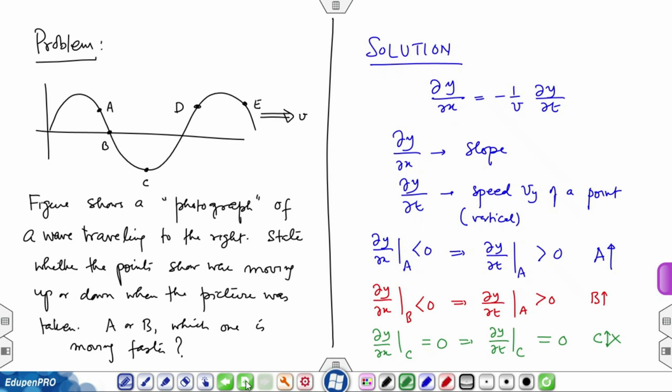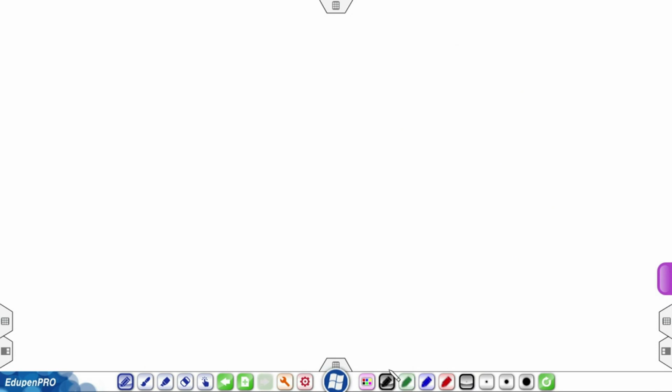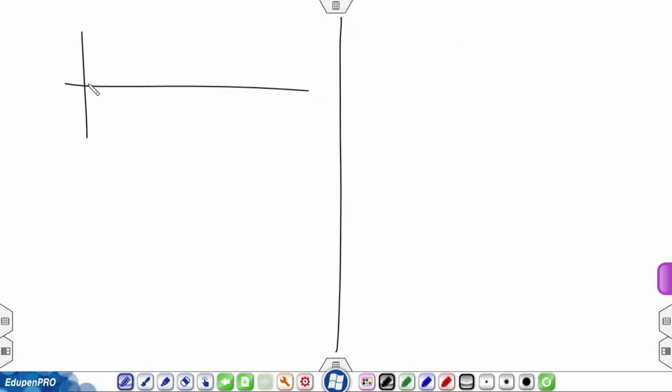If you look at the whole thing physically, what is happening is, here is this wave moving to the right, here is point A, point B, point C, point D, and point E. A moment later, the wave is going to be as shown here.